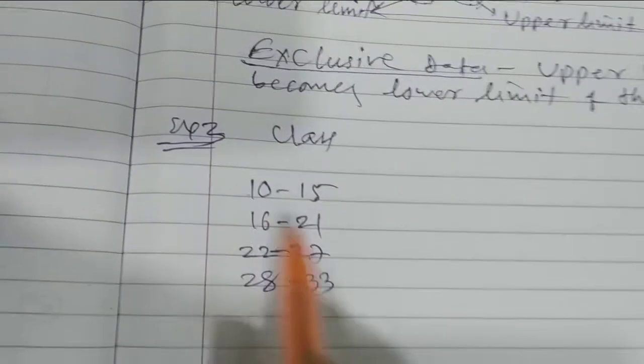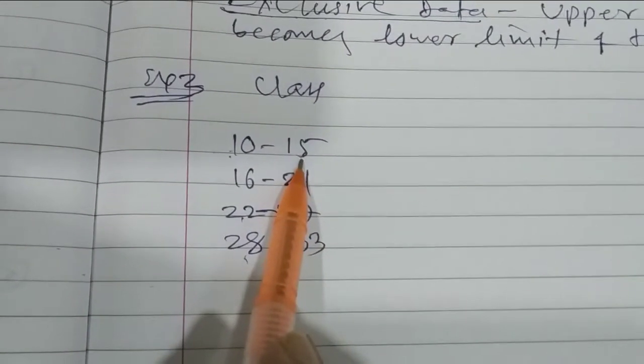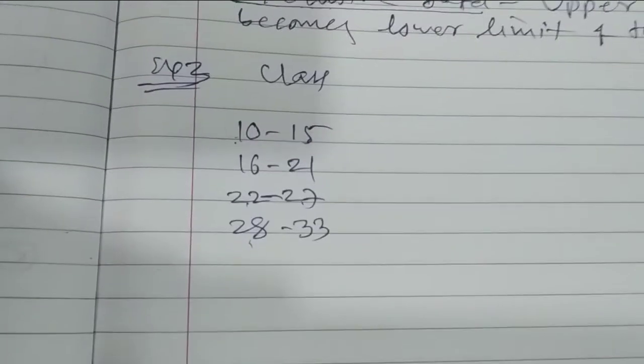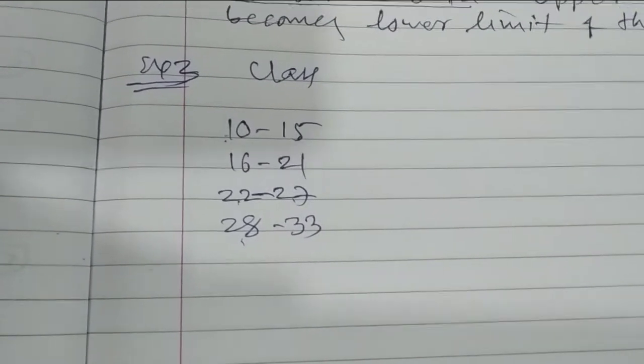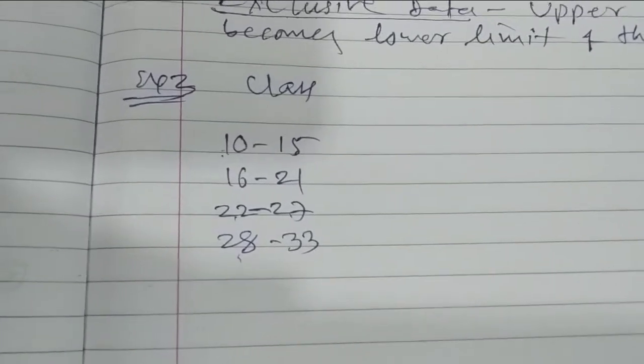See, now I have taken only 4 classes. So what is the lower limit of the first class? 10. What is the upper limit of the first class? 15. Yes or no? See students, unless you speak yourself very clearly, you will not remember.